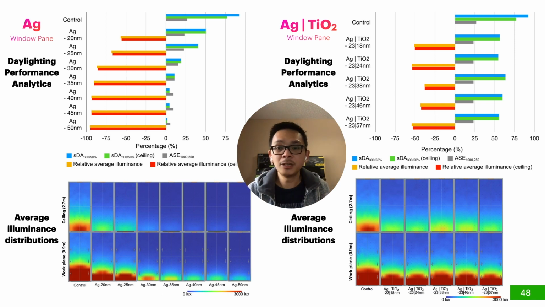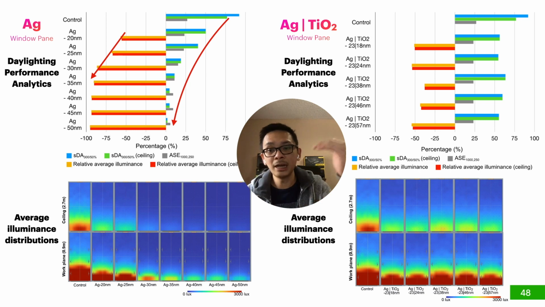Next, this is the first result where we apply our FDTD simulation results, the reflectance and transmittance, to the climate-based simulation. What we can see over here is a drastic reduction of the daylight performance metrics for all the variables with the AG films, particularly at the thicker layers of AG.